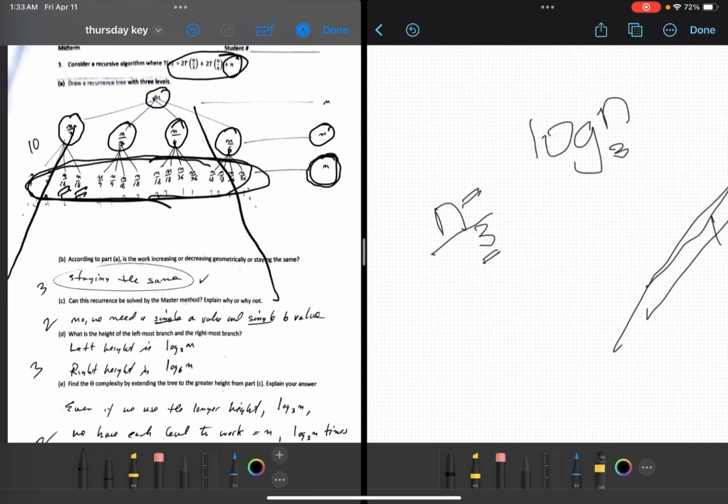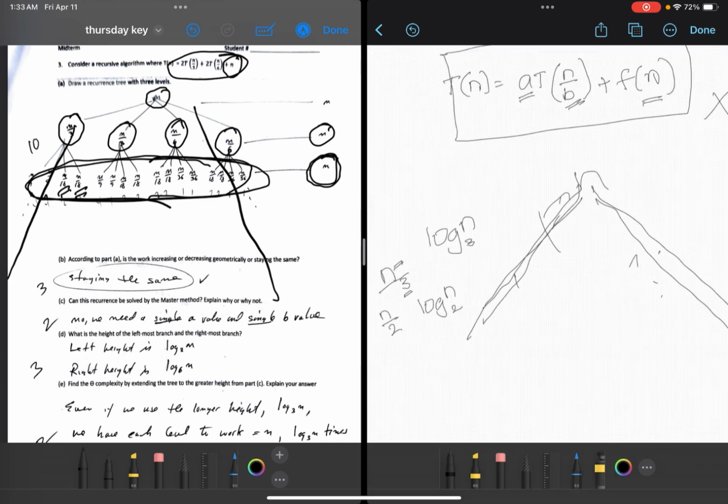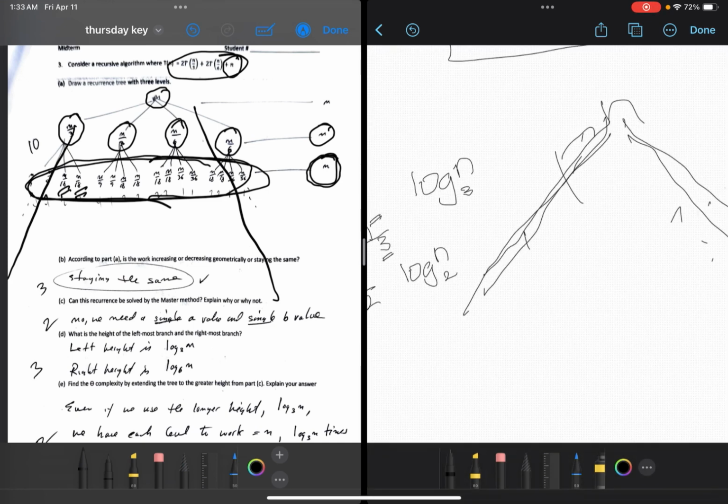If you need to know how many times you can cut down the size of a problem by 2 before you reach unity, the answer is log n base 2. So if we cut down a problem by 3 before it comes to unity, you can cut it down log n base 3 times.